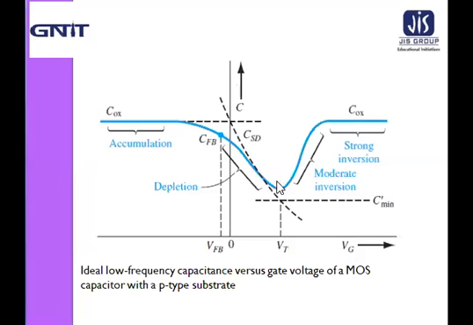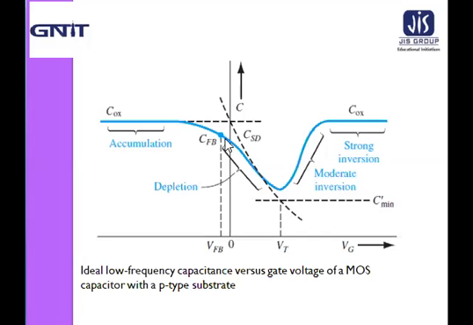Now at this moderate inversion, which is indicated here in this figure, that is the transition region between the point where only the space charge density changes with gate voltage, and where only the inversion charge density changes with the gate voltage. And this is the area for accumulation, that area is for depletion, and that portion for strong inversion. This is the moderate inversion condition.